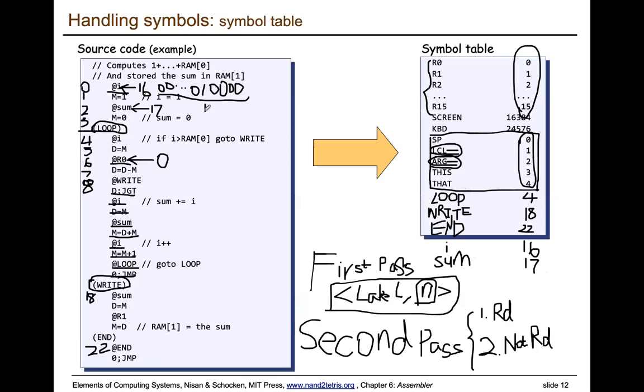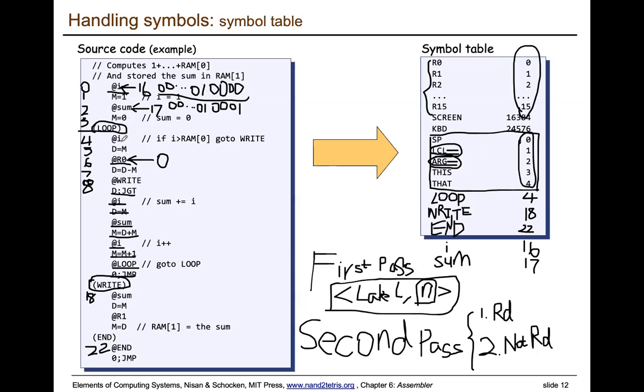So this will be 10001, and I will put multiple zeros before that to make it 16 bits in total. Then I record it into the symbol table in my second pass.